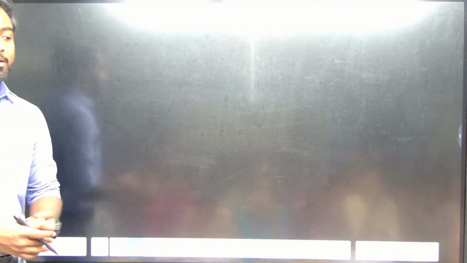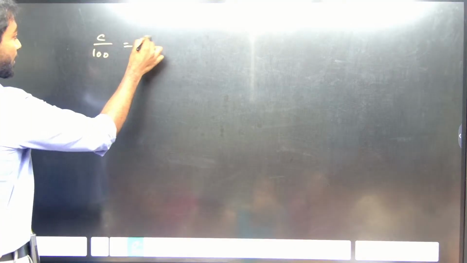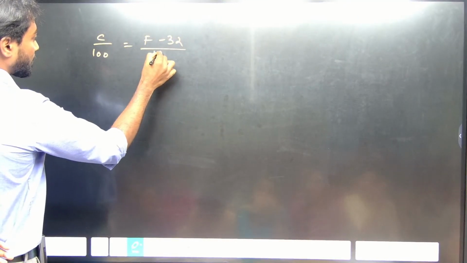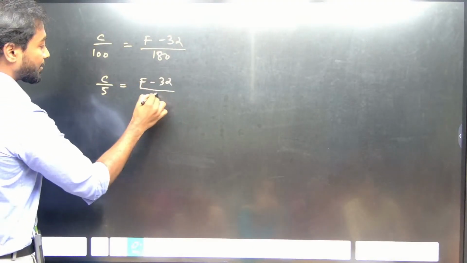Okay, listen. So what is the equation between Celsius and Fahrenheit? C by 100 equals F minus 32 by... okay, so under the note point, the first point: C by 5 equals F minus 32 by 9.